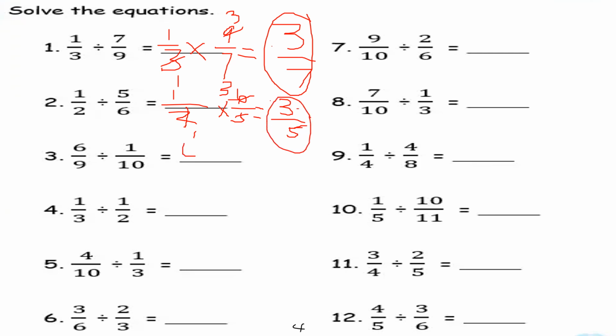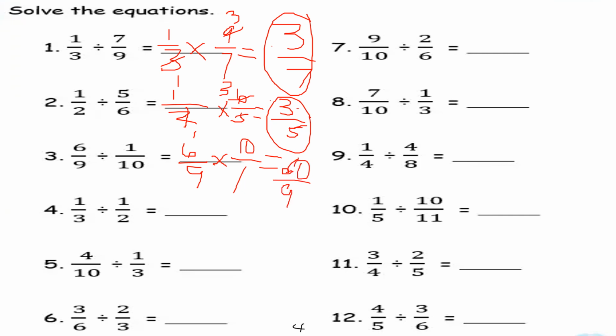So we have 6/9 times 10 over 1. Okay? So since here we have 6 times 10, 60 divided by 9.